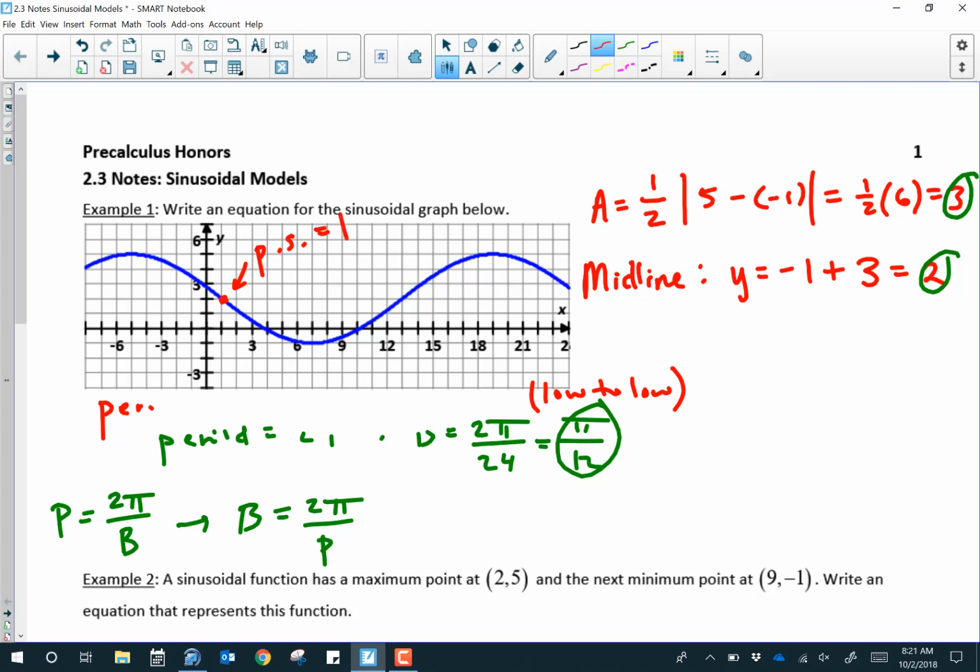Because it moved to the right 1. Okay, if we're using the sine function. Now, if I started with this leftmost high point, that would be starting at an amplitude. So that would be what? Cosine. And what would be that phase shift? -5, if cosine.